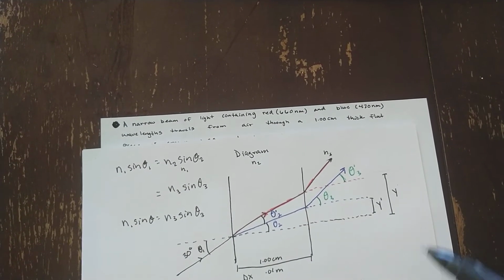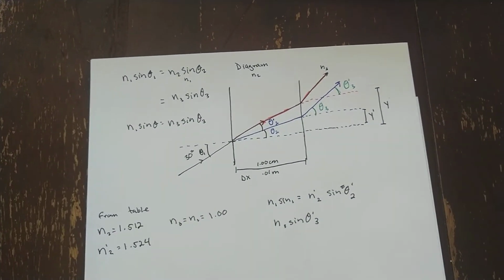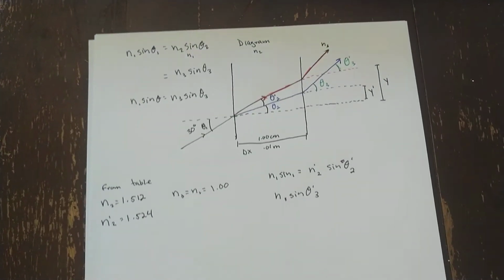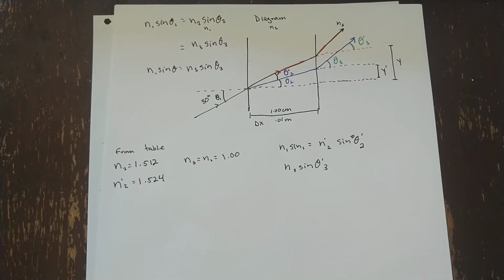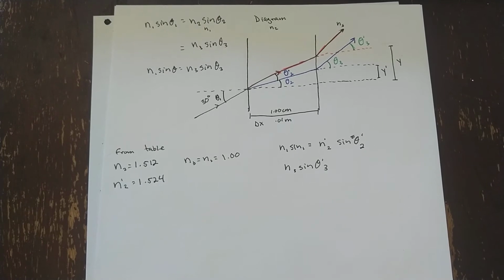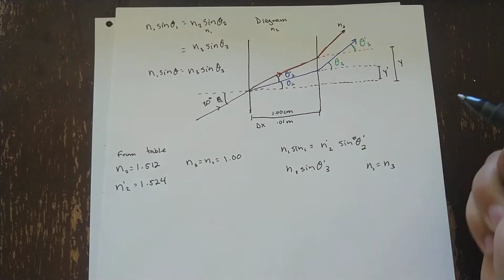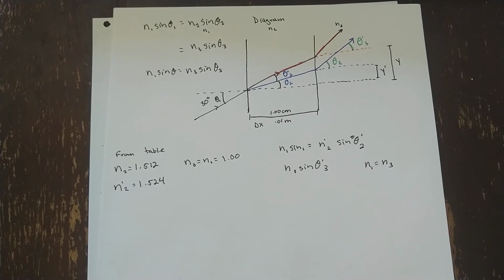If you look back at the diagram, we have all these different angles that we're dealing with, so we want to be as thorough as possible when solving for what we're looking for. We're also going to note that N1 equals N3 in all cases.